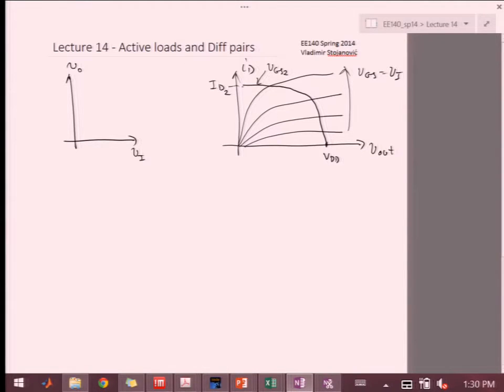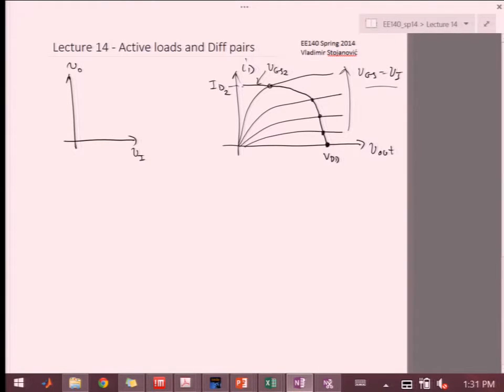So now, by starting from this point and moving through these points, I'm traversing kind of the V out versus V in space, because I'm moving on the V out axis, but I'm also crossing the lines where the V in is changing. Okay.